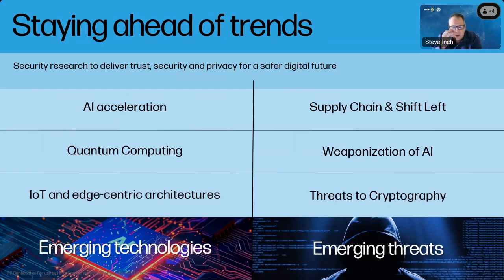In looking at trends, I'll share with you that at HP, we have our HP Security Lab out of Bristol, UK. This team is on the cutting edge when it comes to the development and design of new cryptographic algorithms and new standards we're establishing to deal with some of these upcoming threats. On the left side, you see emerging technologies and what that means from an emerging threats perspective.